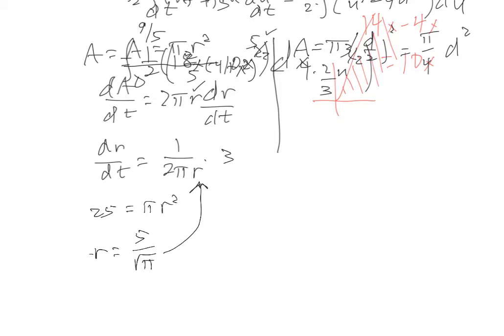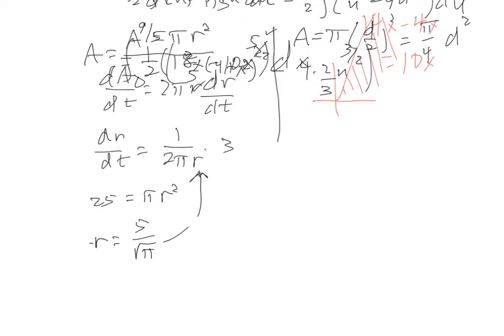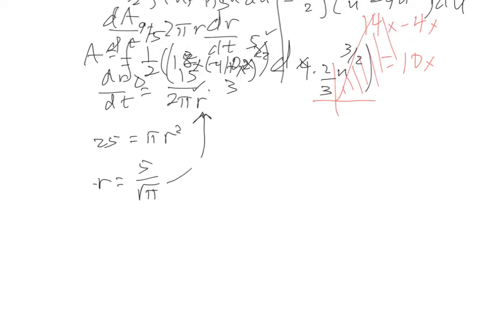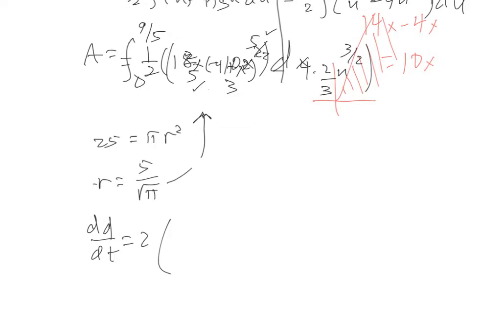So let's write it out here in ugly form. If I had a little more time, I would simplify it just because it's prettier. But here's our answer. dd dt equals twice. See if I can get rid of some stuff here.